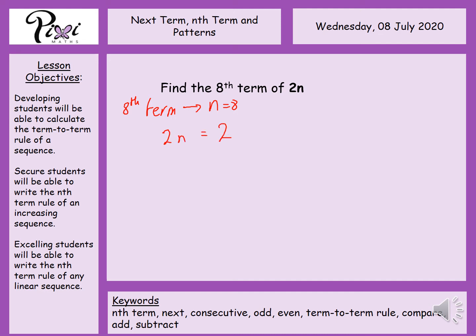We'll write it out in full, so that is 2 times n. So we then do our substitution. So we've got 2 times 8, because we're looking for the 8th term, which is 16. So the 8th term of the sequence, the 8th thing in the sequence, is 16. So you can see that's much quicker than working out all 8.